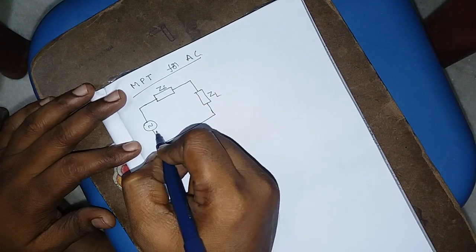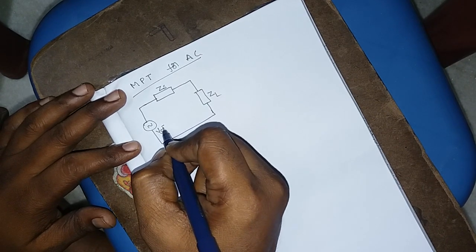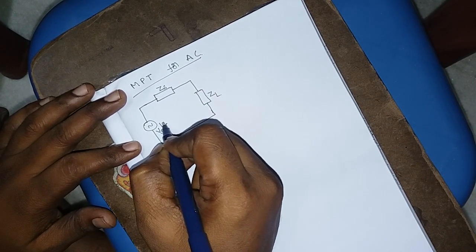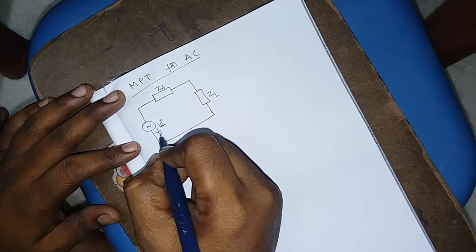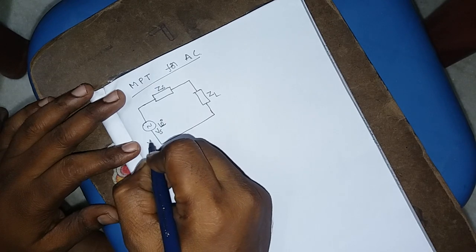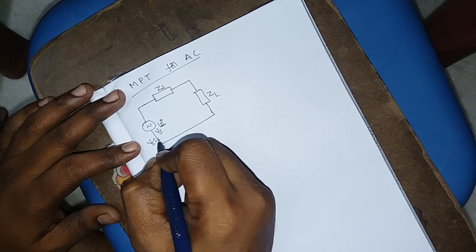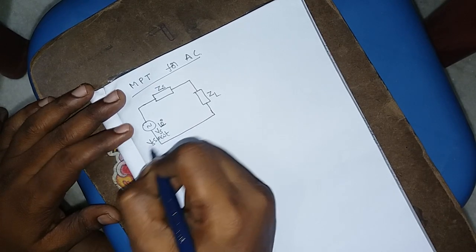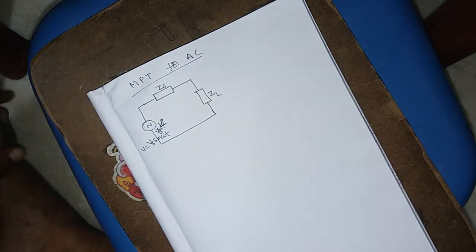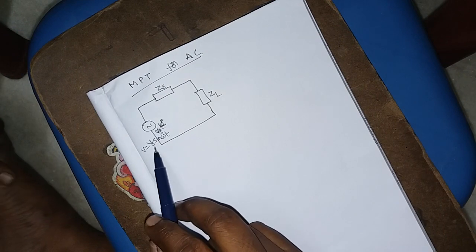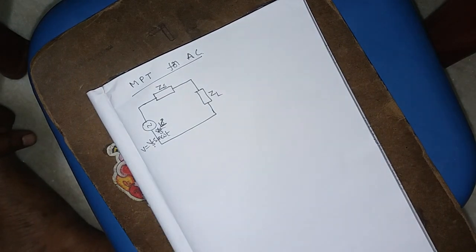This is Vs at an angle of 0, or let Vs be some maximum voltage, V equal to Vs sine omega t. So Vs is the maximum value of voltage.